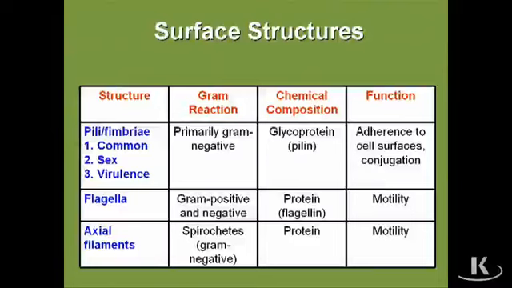Now, axial filaments are specific for spirochetes. The way you want to think about axial filaments is a spiral-shaped organism, a little corkscrew-like organism. The axial filaments help that corkscrew-like bacterium actually move and have that corkscrew-like motion.